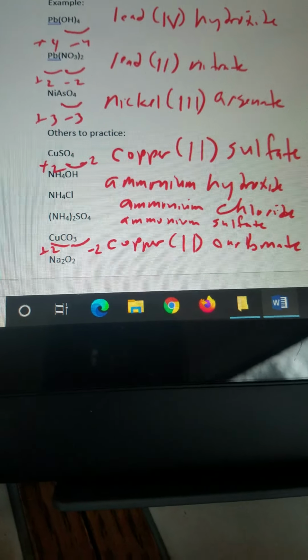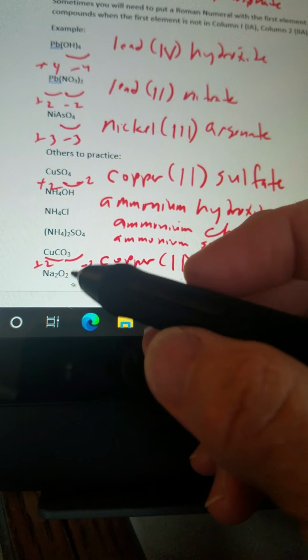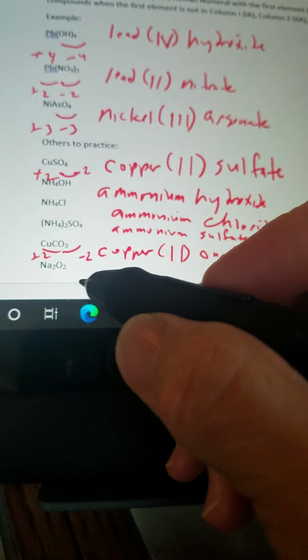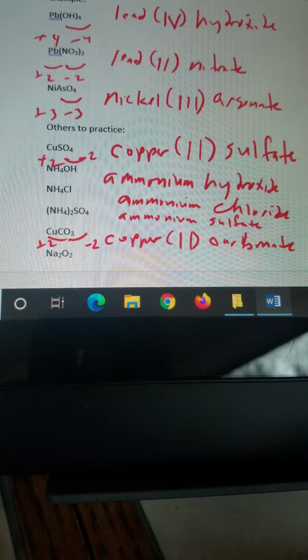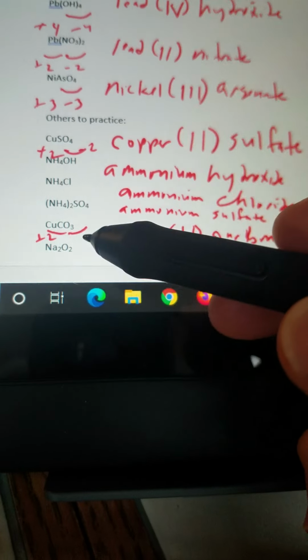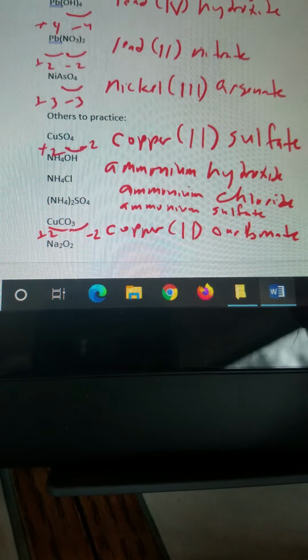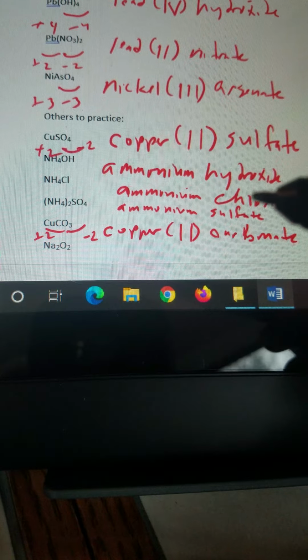The last one that's on here is unique because this O2 is actually a polyatomic ion. And the only way you would know that is if you look at the charge of oxygen on the table. Normally it's -2. And if you multiply this by 2, that would make this -4, which means that the sodium would have to be a +2 charge. Sodium is always a +1 charge because it's in the first column.